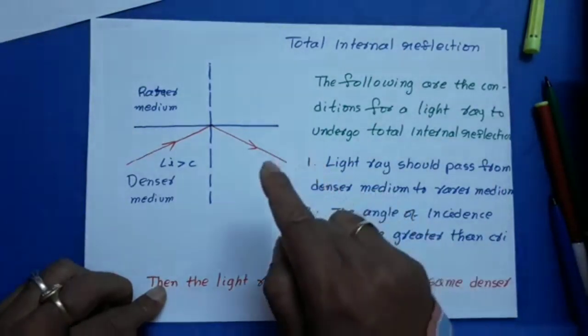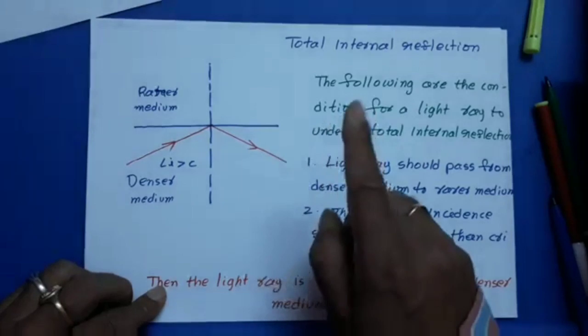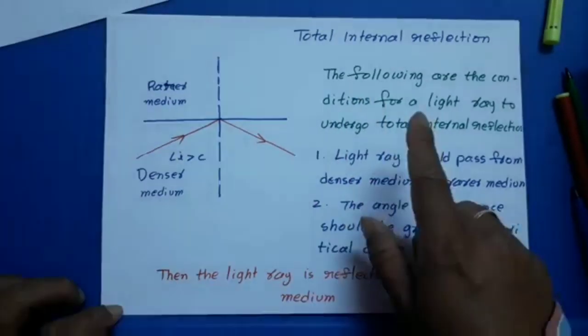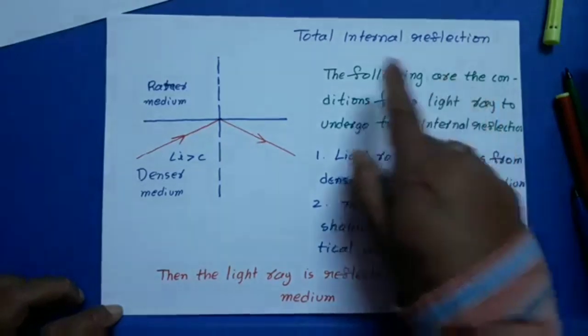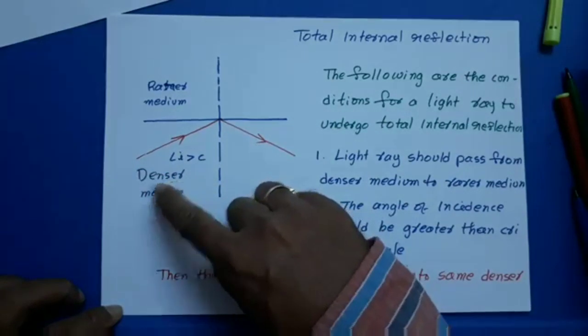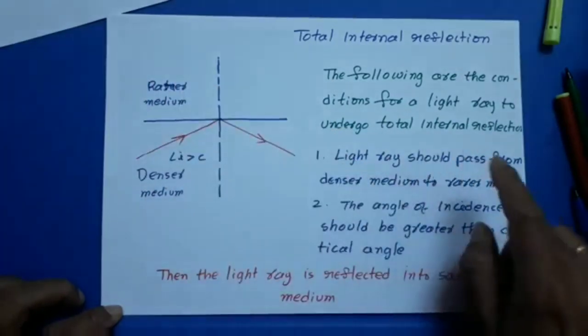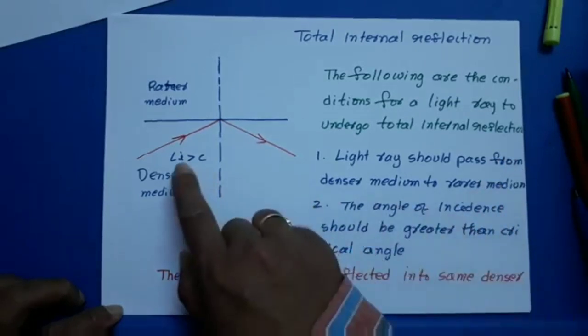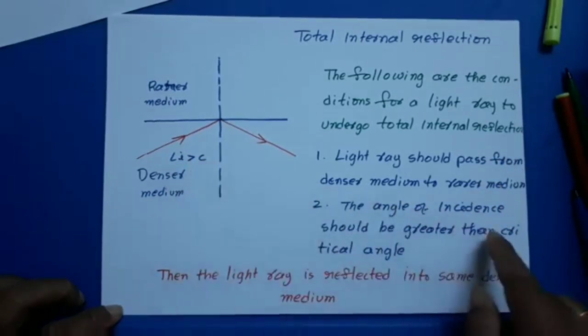So for total internal reflection, there are two conditions. Condition number 1. What are the conditions for total internal reflection? Light ray should pass from denser medium into rarer medium. That is the first condition. What is the second condition? Angle of incidence should be greater than critical angle.